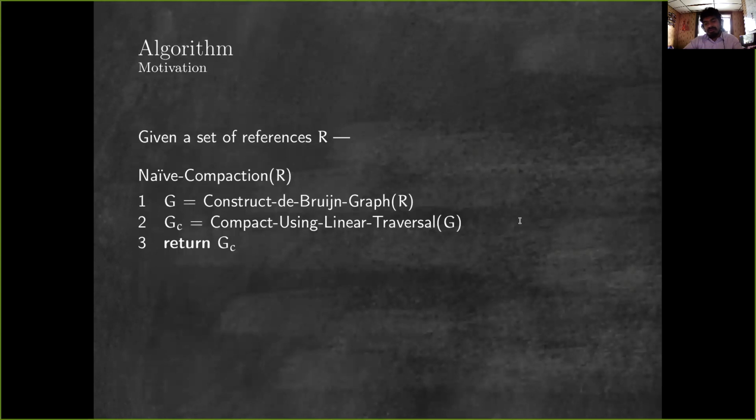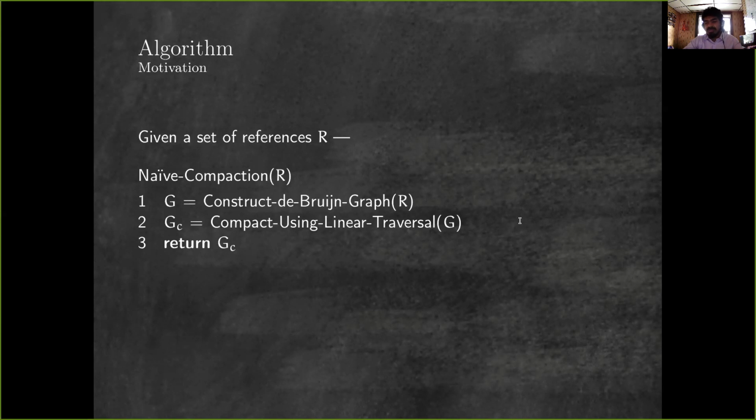Given a set R of whole genome references, a naive algorithm to construct the compacted de Bruijn graph over R may go like this. First, construct the ordinary de Bruijn graph G by making a linear scan over the sequences in R and storing the adjacency information along the way in some data structure like an adjacency matrix or an adjacency list.